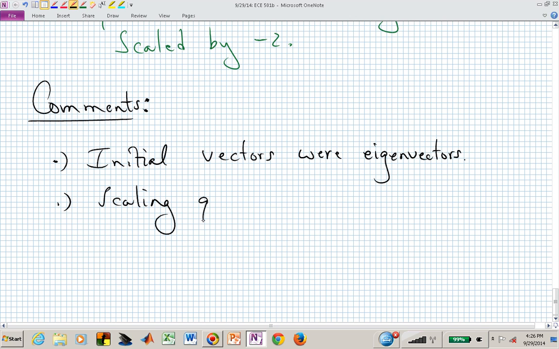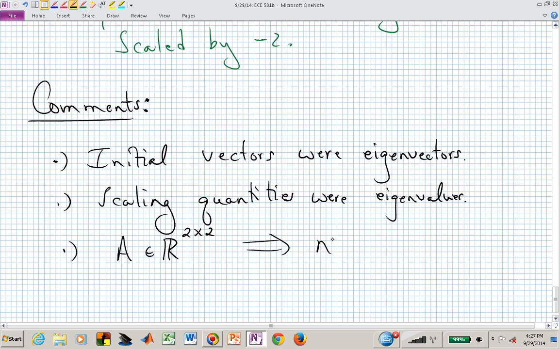The scaling quantities were eigenvalues. The A matrix itself was made up of real elements, or the elements in the matrix were real, and the matrix was 2 by 2.